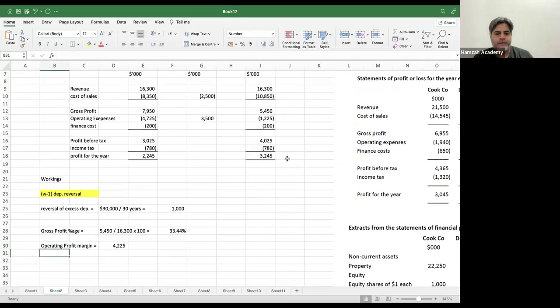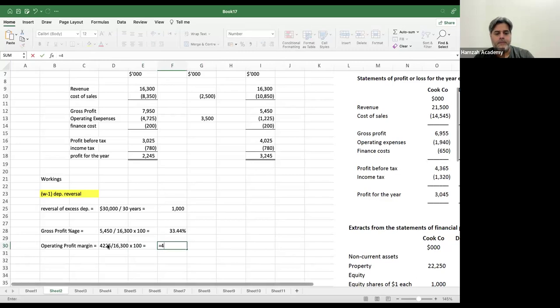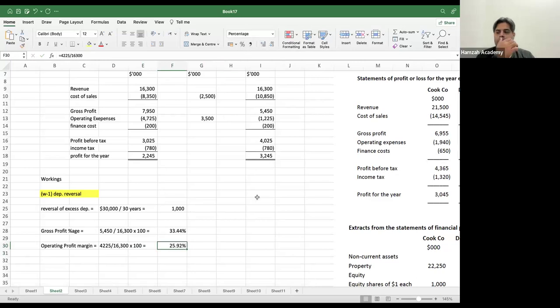So 4,225 divided by 16,300 into 100. So that's going to be 25.90.